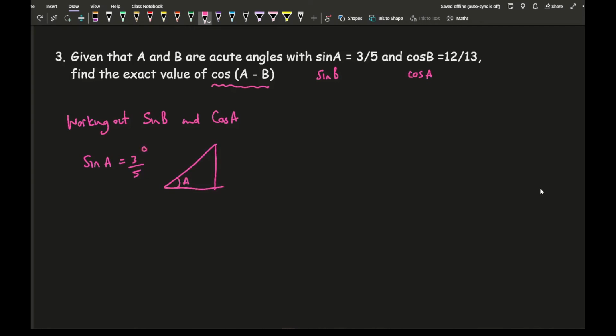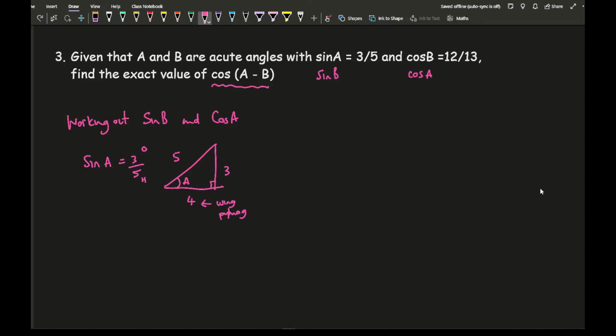Well, I use sine when I know the opposite and the hypotenuse. So here my opposite is going to be 3 and my hypotenuse is going to be 5. So then using Pythagoras, I get 4 as my adjacent.